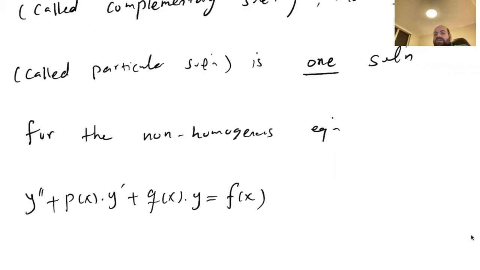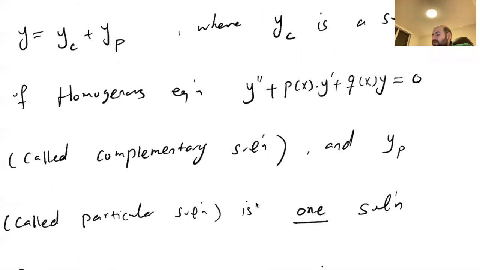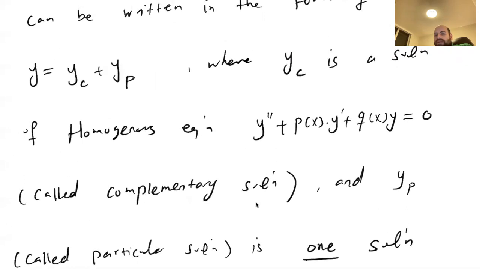So if we find one particular solution for our non-homogeneous ODE, then we can find all the solutions, because any solution can be written in the form yc plus yp.